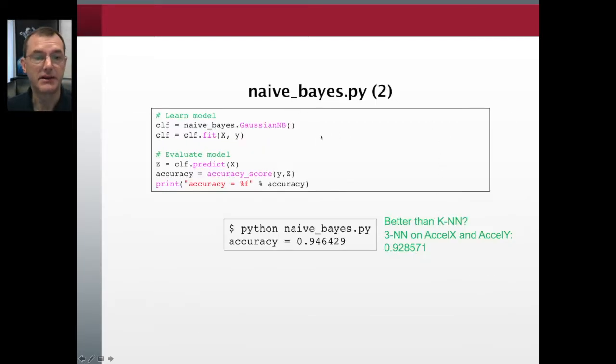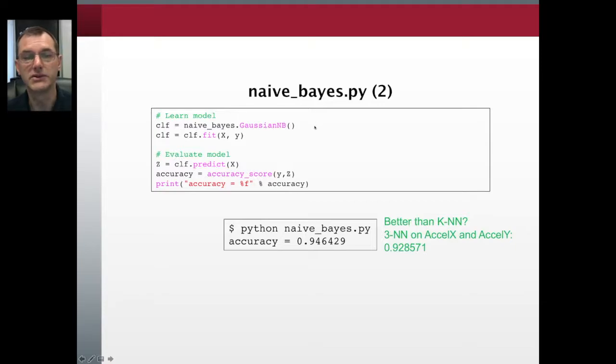Then from there, it's fairly simple. As we did for the nearest neighbors, for naive Bayes, we create an instance of the classifier, and then we fit the classifier to the data. Now, notice that we're using the Gaussian naive Bayes. Again, this is because we're assuming the features are Gaussian distributed, and if you have numeric real values for your features, that's the best choice.